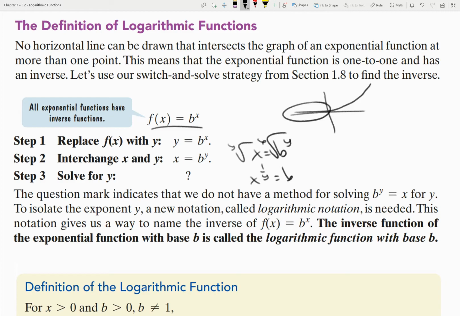We don't have a method for solving b to the y is equal to x. In order to do this, we need a new notation, and that is called logarithmic notation. This notation gives us a way to name our inverse of the exponential function, and it is called the logarithmic function with a base of b.